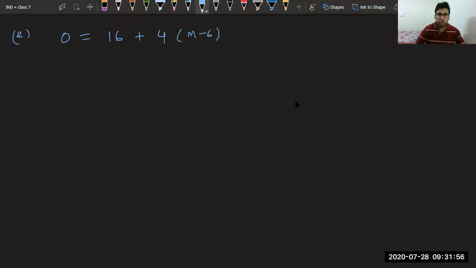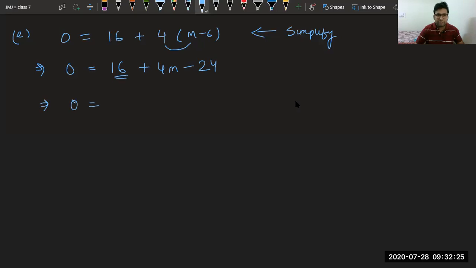We all know, first thing is we have to simplify it. Simplify. What do we mean simplify? We have to open all the brackets, solve all the numbers which are given to us. So it becomes 0 is equal to 16 plus 4 into m is 4m minus 4 6s are 24.